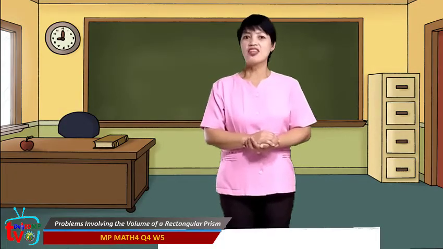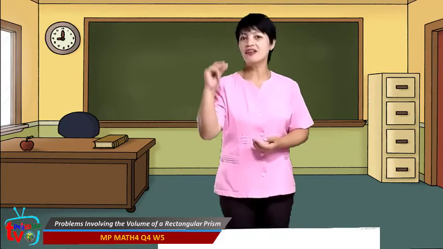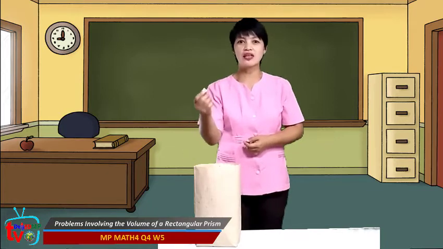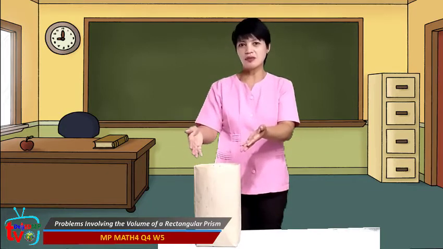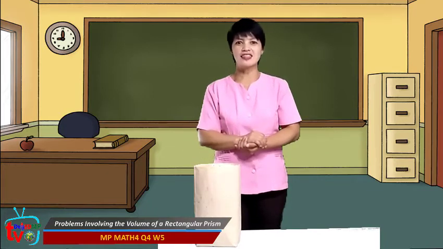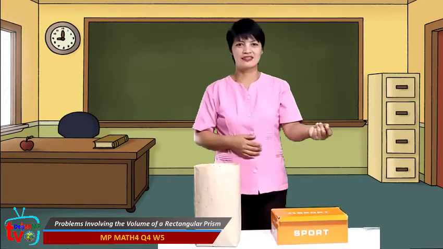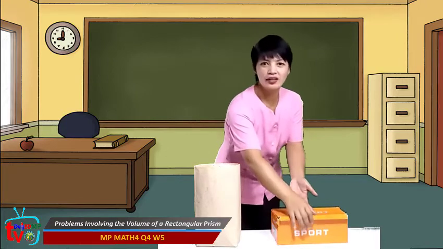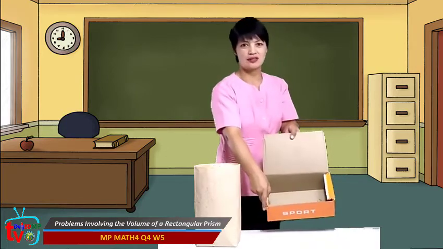It means that the space occupied by the popcorn is 7,200 cubic centimeters, and the space inside the shoebox is 8,800 cubic centimeters.